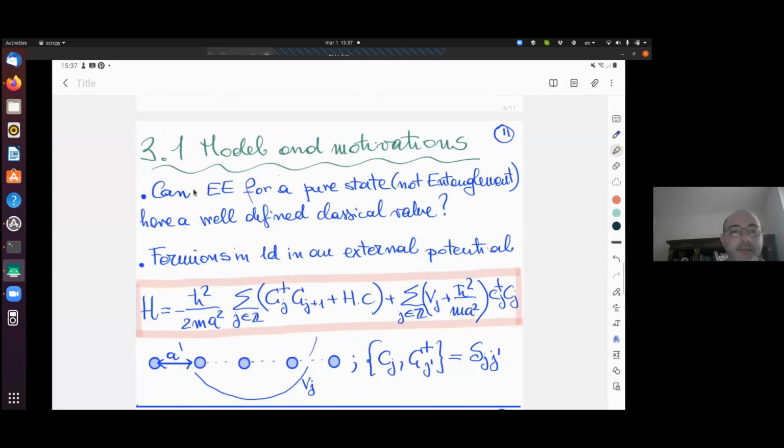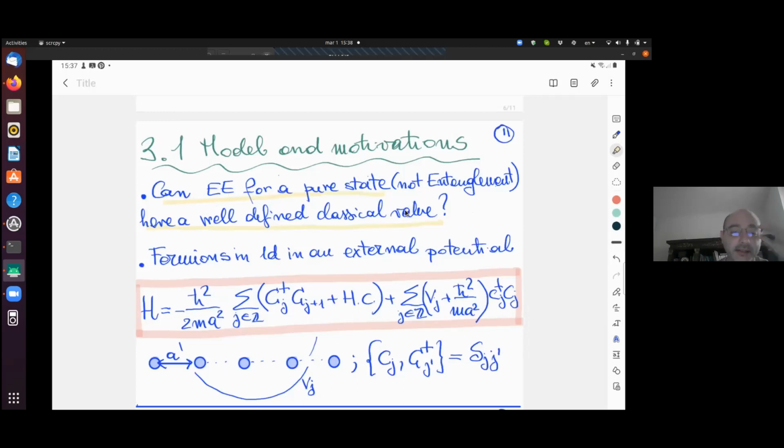So the main question is again the same which I discussed before. Can the entanglement entropy for a pure state, and this is the distinction which I want to make, have a well-defined classical limit? Can this quantity be meaningful for a classical system?